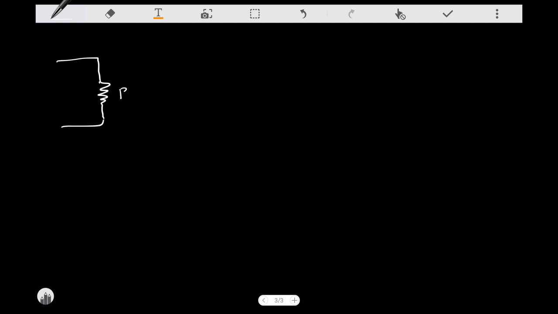So let's consider the special cases. The first special case is when there is a resistor, so the black box is just a resistor. In that case, no matter in which direction I choose this arrow, the potential drop and the current have the same sign. So V and I have the same sign.